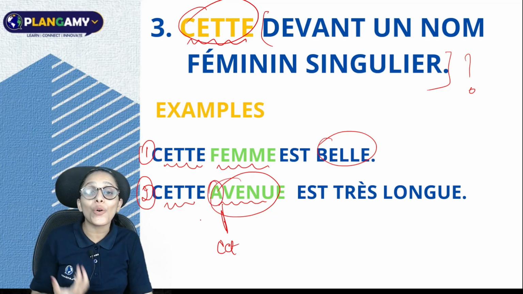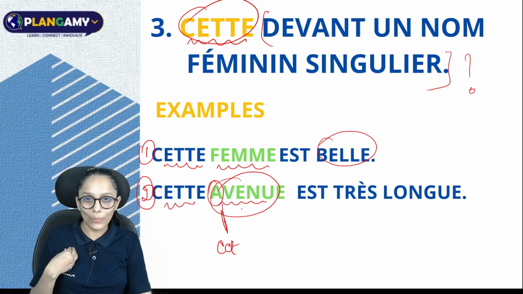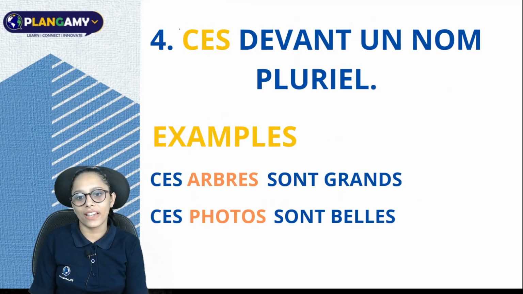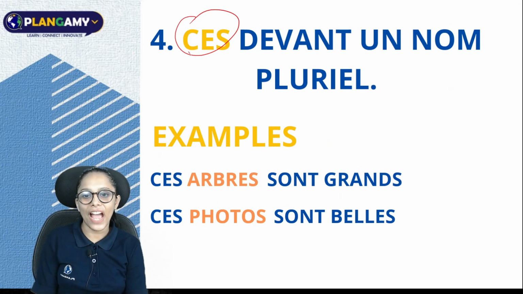No, you have to also learn which nouns are considered to be feminine and which nouns are considered to be masculine. So I know that avenue is feminine. This is the reason that I have written here cette. Instead of writing cet, it is wrong. You cannot write cet. You have to write cette. C-E-T-T-E.